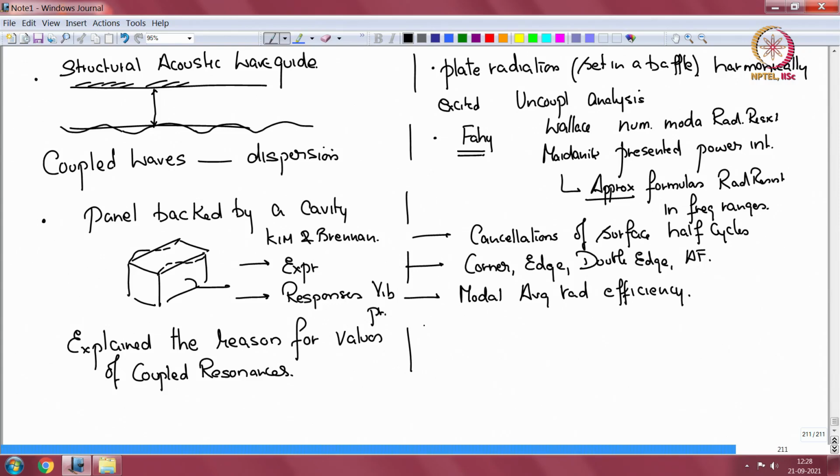Now in this regard there is another paper by Leppington which is very useful. It's a Royal Society paper. They almost give a matching formula. They compute matching formulas for numerical modal radiation efficiencies.